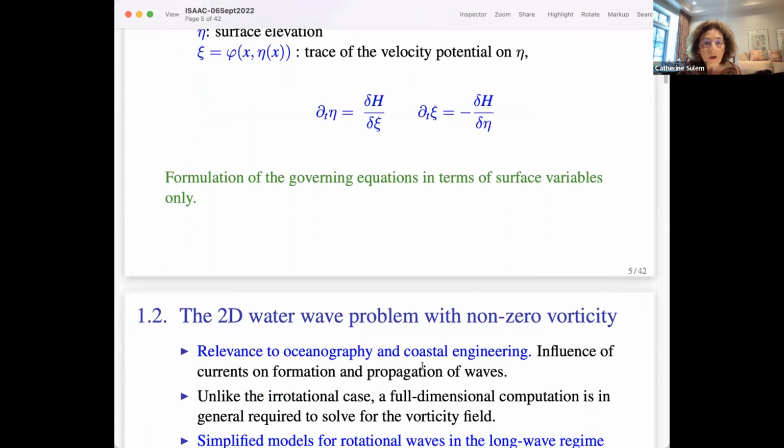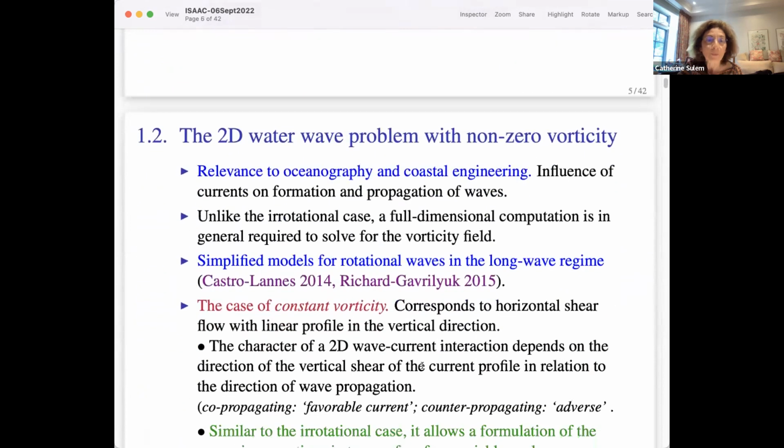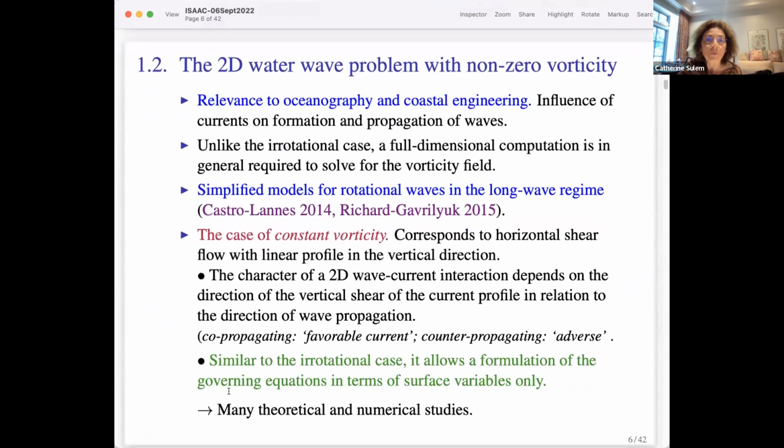Now, in the case of non-zero vorticity, which is the topic of my talk today, it is an important situation where the vorticity cannot be neglected, and in particular in the situation where there are currents and interaction between currents and wave propagation.